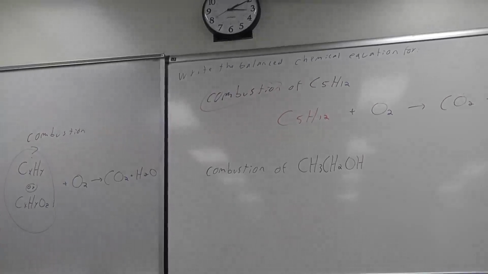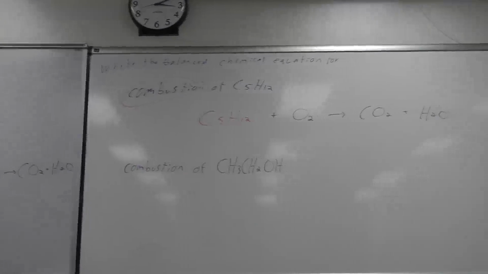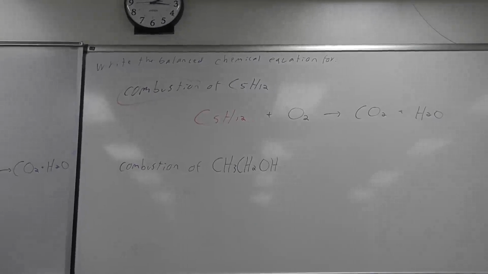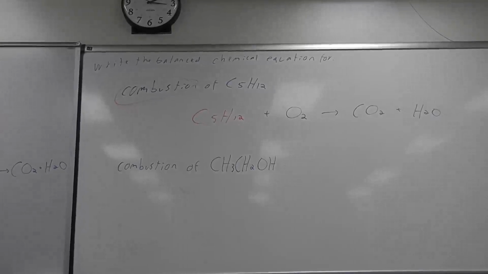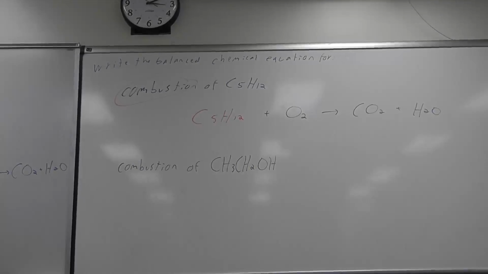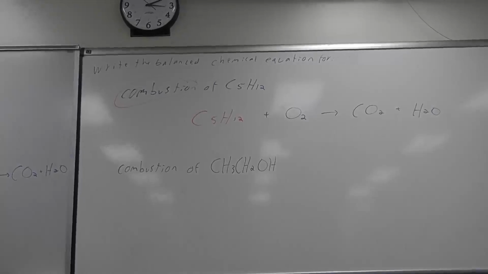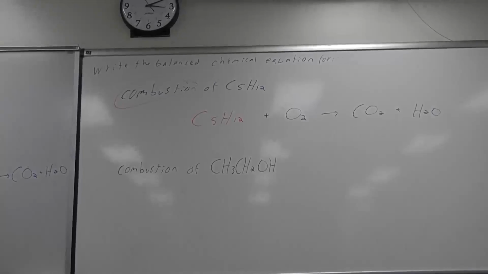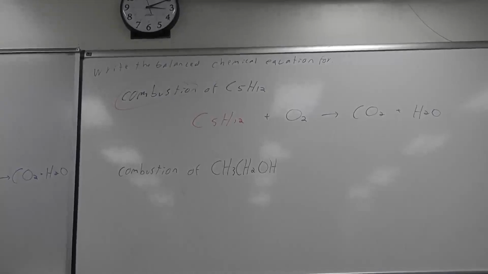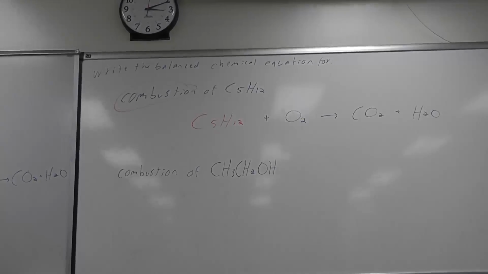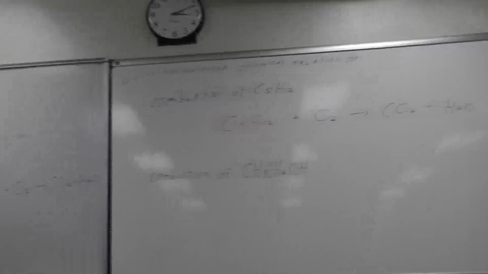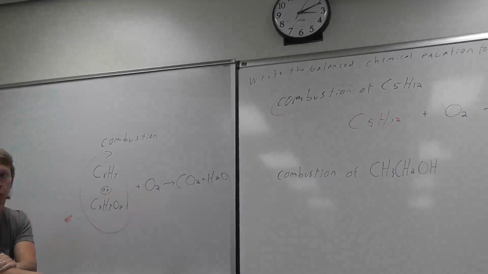That is the definition. So now you've got all your substances lined out, all you've got to do is balance it. So now you start counting carbons and hydrogens and oxygens. But if you don't get your formulas set out right, then balancing doesn't matter. Memorize what that word combustion means in terms of formulas.